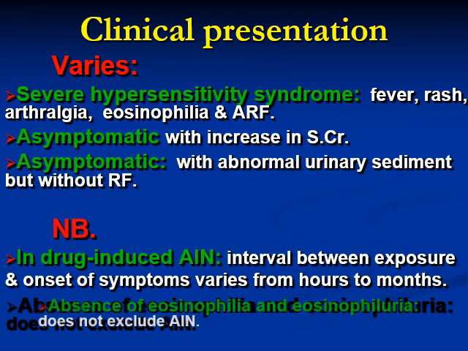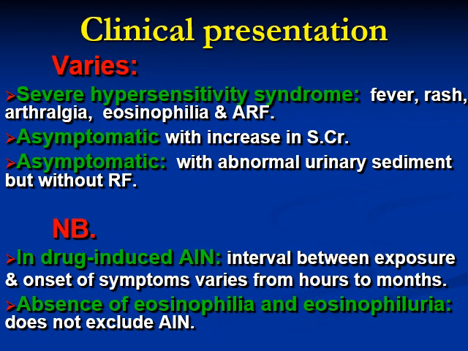The clinical picture in a patient who develops an acute interstitial nephritis is quite variable. It starts mainly, in most instances, with the exposure to the drug or an infection. The patient might develop a severe hypersensitivity syndrome with its characteristic triad of fever, skin rash, and eosinophilia, in addition to an acute renal failure.